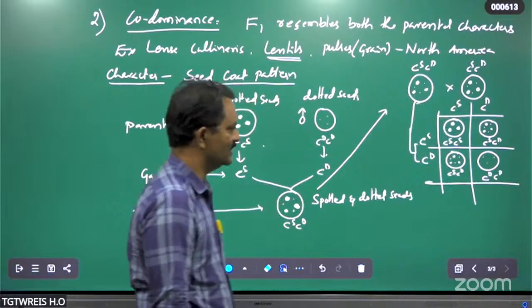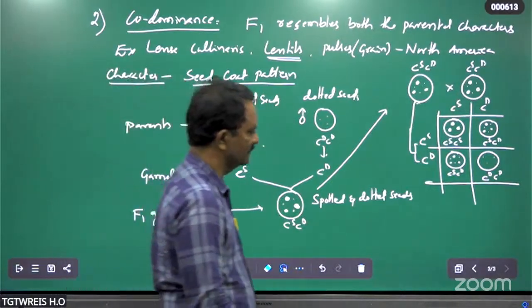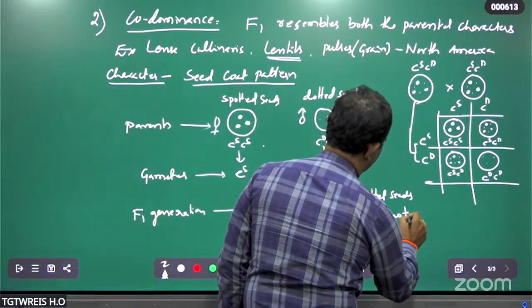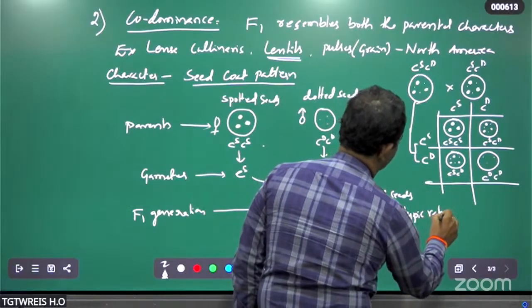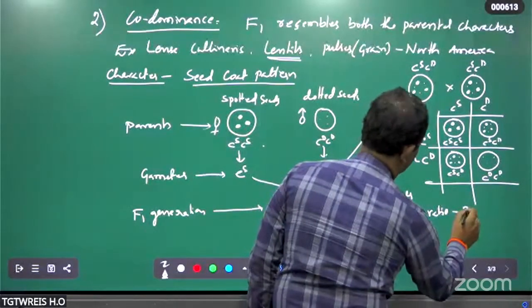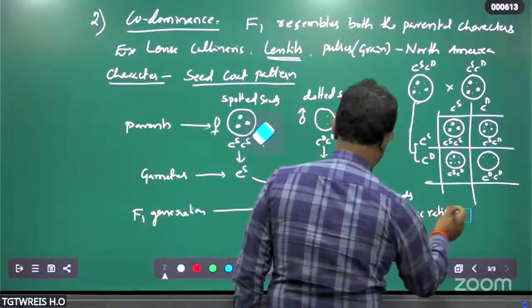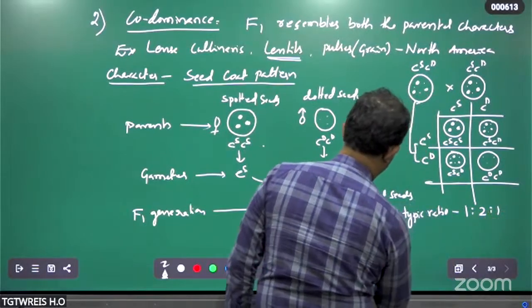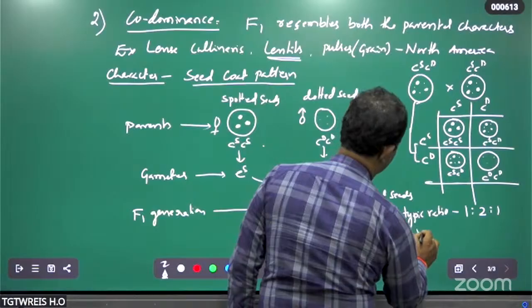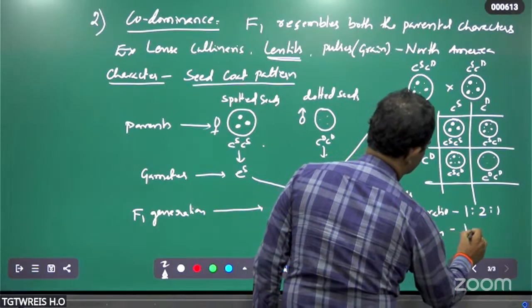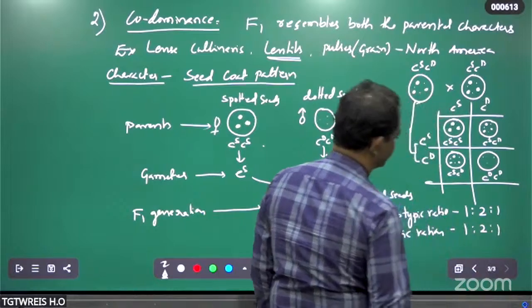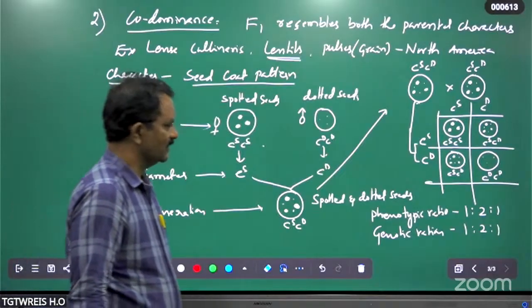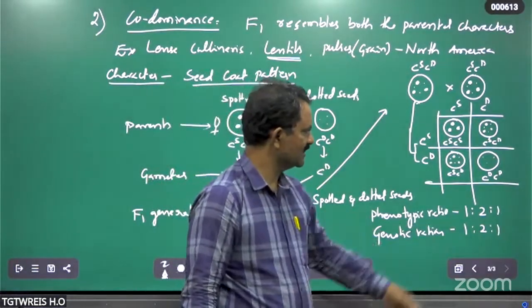Right, we get the 4 plants in which the phenotypic ratio is 1:2:1, and the genotypic ratio is also 1:2:1. So phenotypic ratio and genotypic ratio both are same.